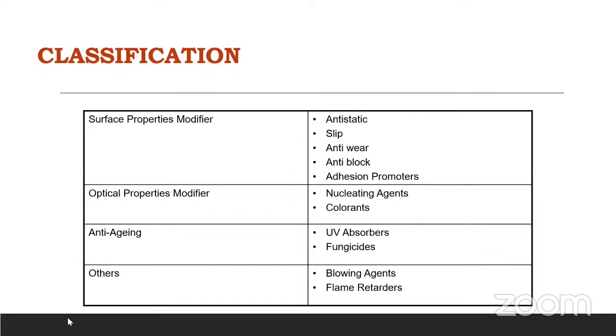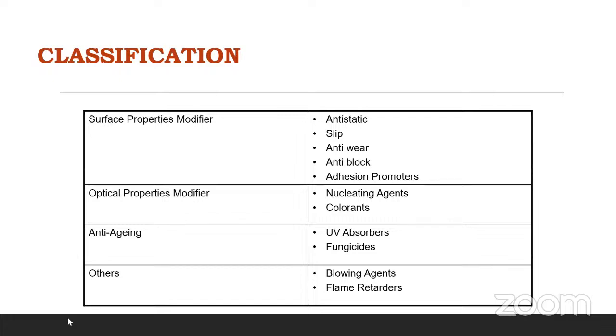Or you can say there are some adhesion promoters. Let's take an example of polypropylene. For polypropylene, you will find that it is difficult to print on the surface. To improve its adhesion properties, we generally subject it to different surface treatments like corona treatment and plasma treatment.